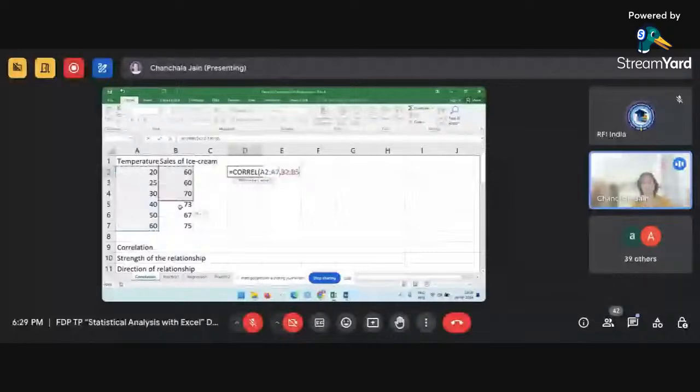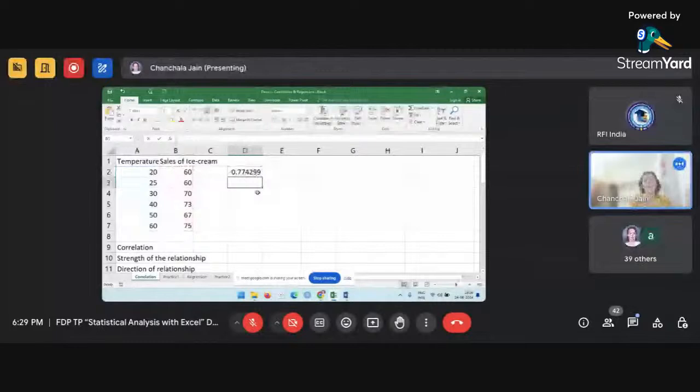Your data should be in pair form. If one variable has 10 observations and the second has 12, you cannot perform correlation. There should be a proper pairing between the observations of these two variables. I hope you have seen what I did. May I press enter? Yes, ma'am.